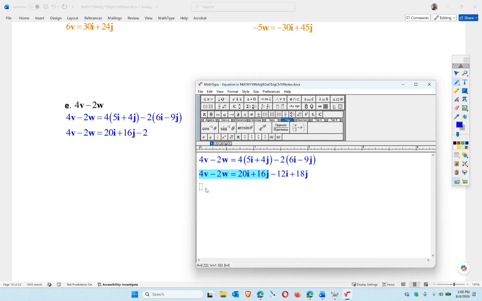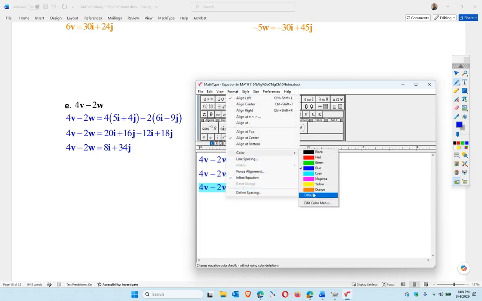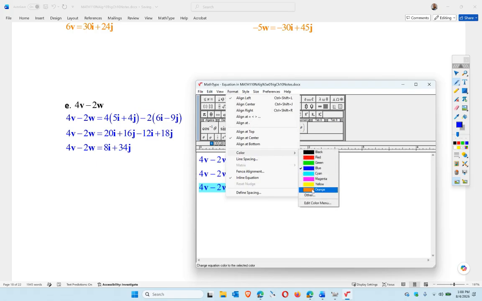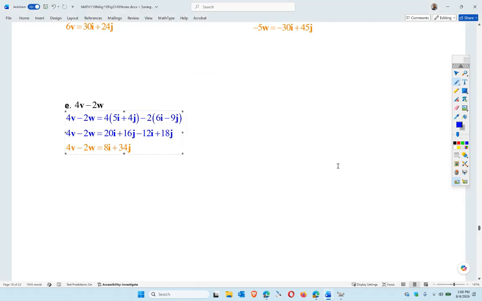So the result, I have 20 minus 12 is going to be 8i, and then 16 plus 18 is 34j. Okay, so that's how you do vector operations algebraically.